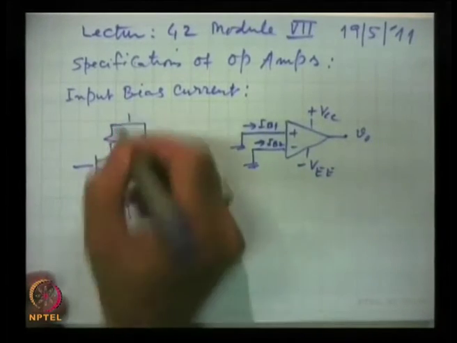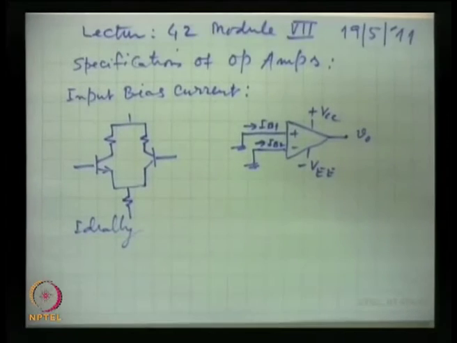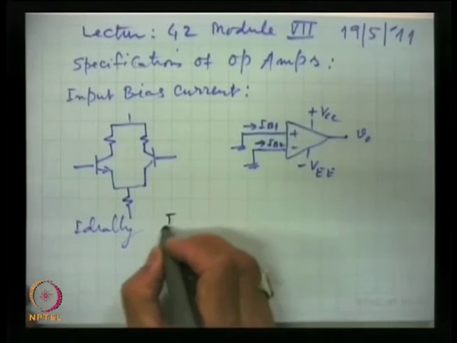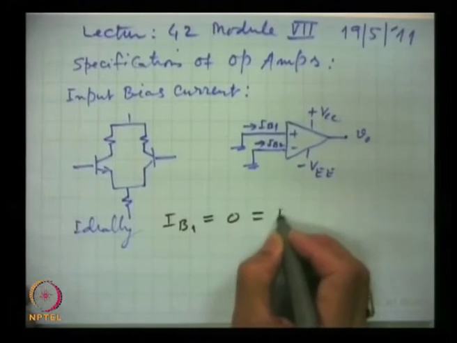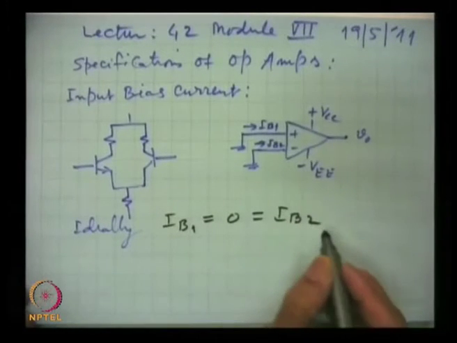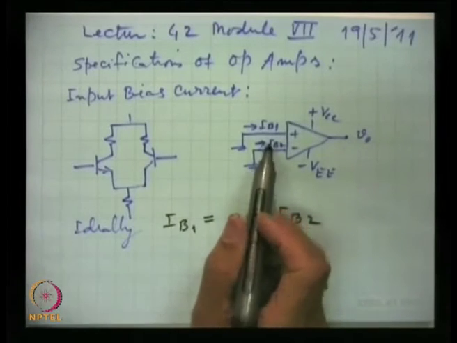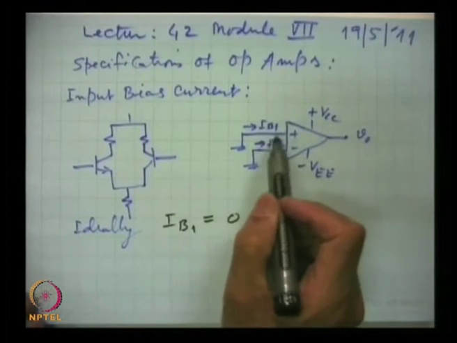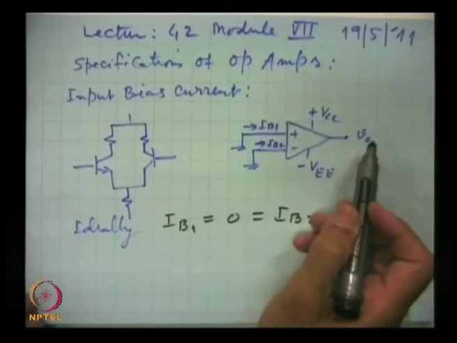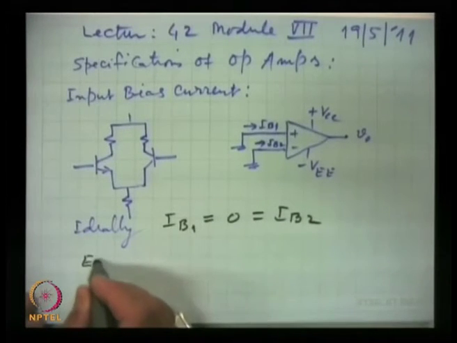So, some currents flow in these bases. Now, ideally IB1 and also IB2 both are supposed to be 0, but normally some small currents flow. These currents do exist and IB1 and IB2 are not 0. Then these currents are amplified and they produce an output voltage, which is an error voltage.